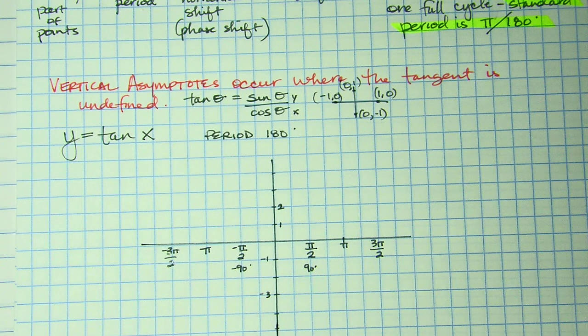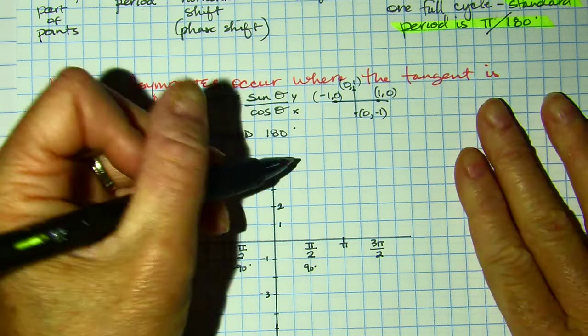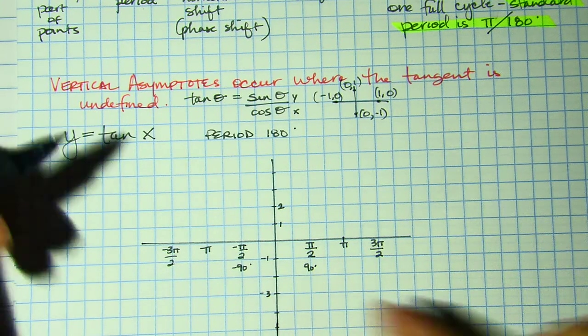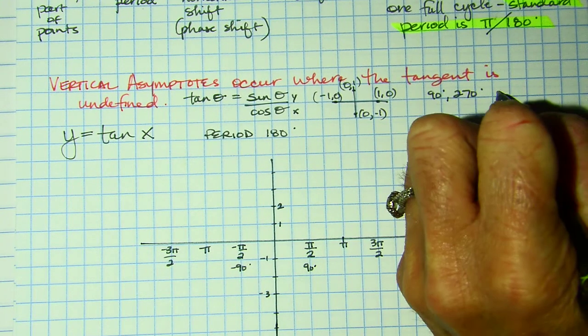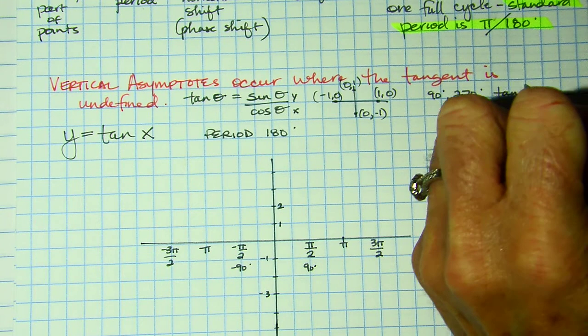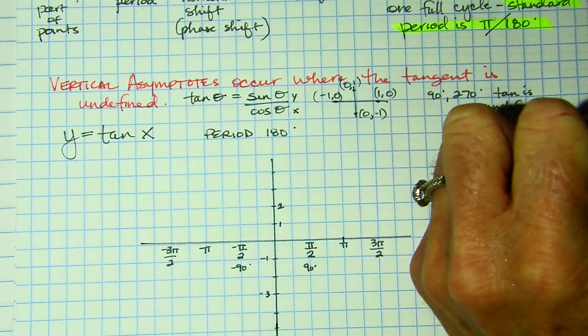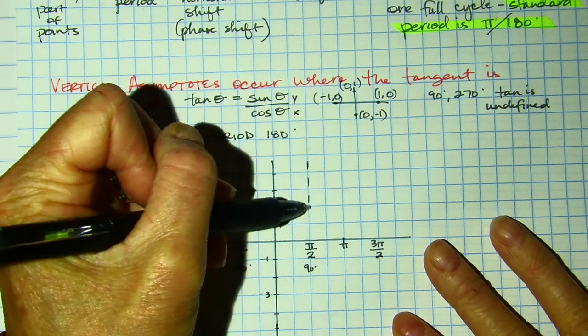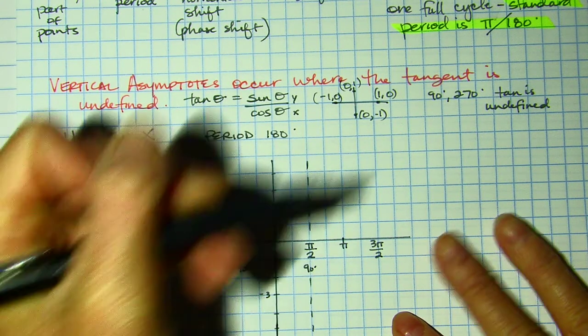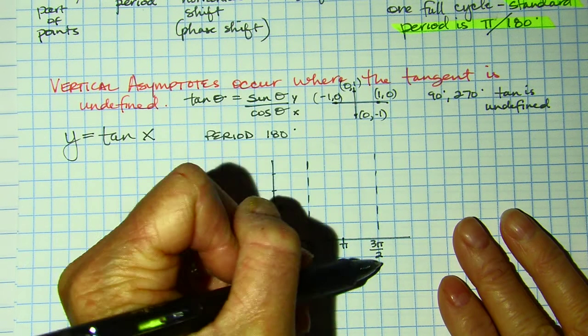All right, so a period of 180. Remember, at 90 degrees and 270, tangent is undefined because I can't divide by 0. That means I've got an asymptote here at 90 degrees and here at 270.